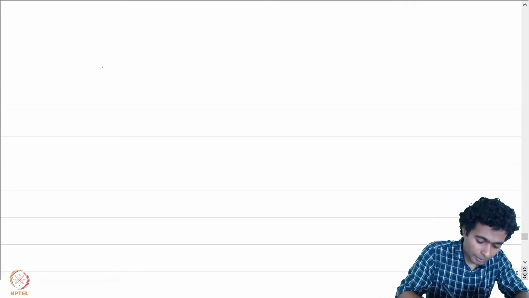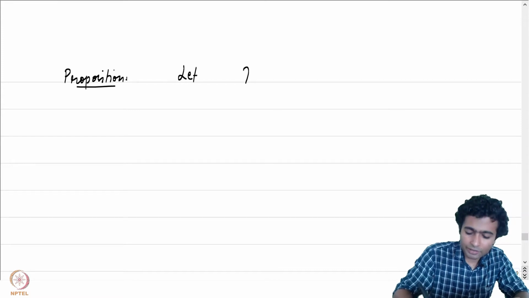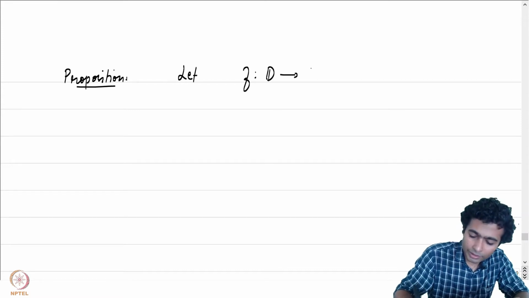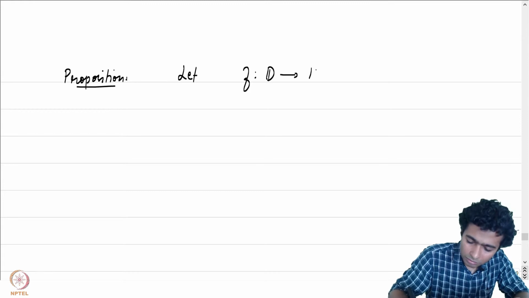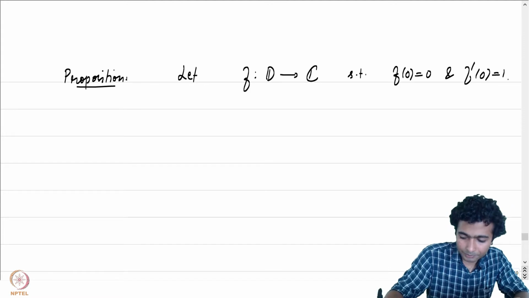Let me write down the proposition. Let f be a function which is defined on the unit disk such that f of 0 is equal to 0 and f prime of 0 is equal to 1.